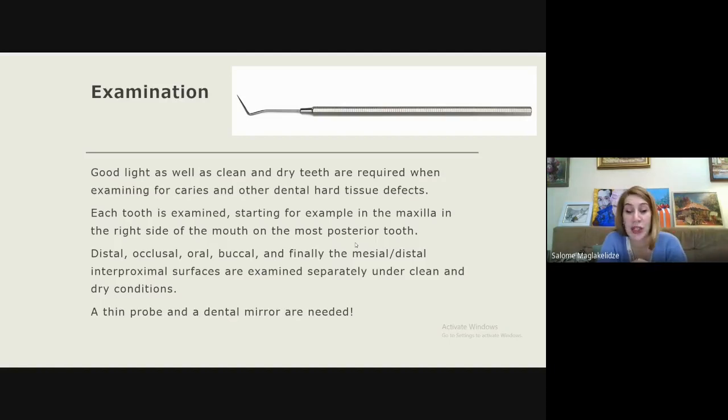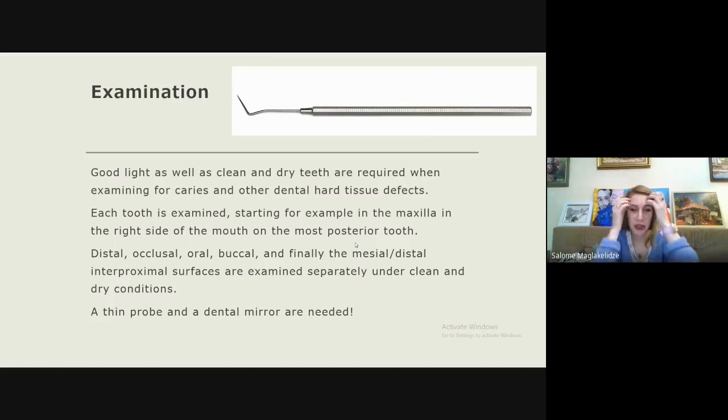For each tooth, we start the examination from the right maxillary side, then go to the left maxillary side, then the lower left side, and the last one will be the right mandibular side, so in a clockwise direction.